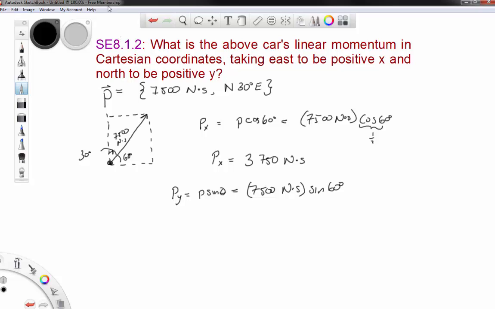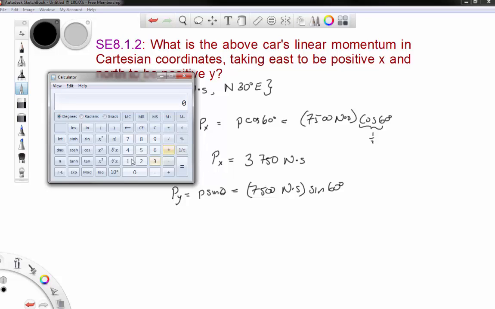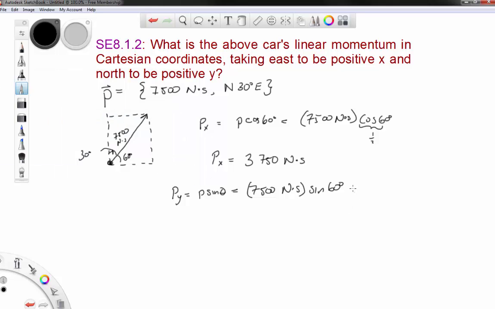So sine of 60 degrees should be square root of 3 over 2. It's a little easier to just use the calculator at this point. So 7,500 times, we can take the sine of 60 and get 6,495 Newton seconds.